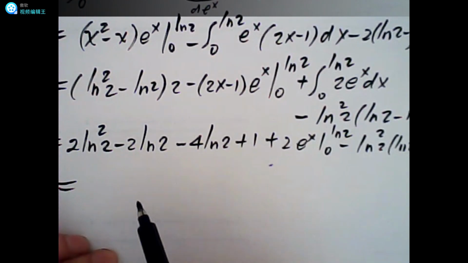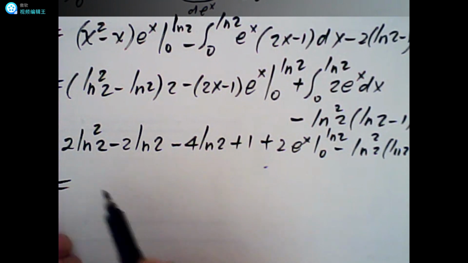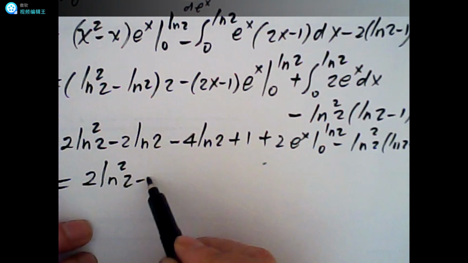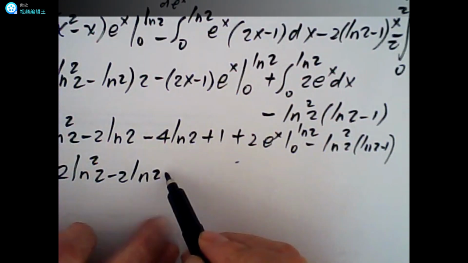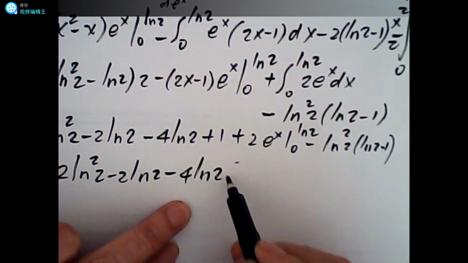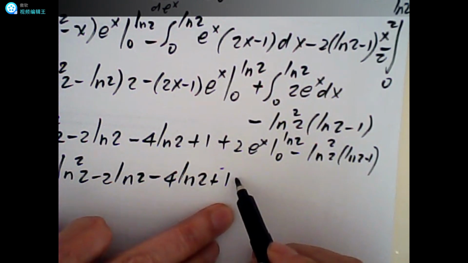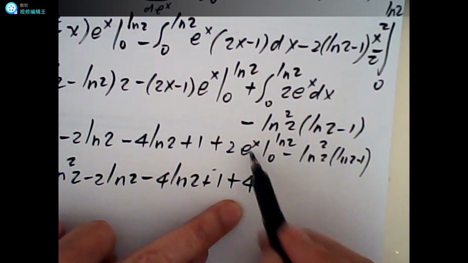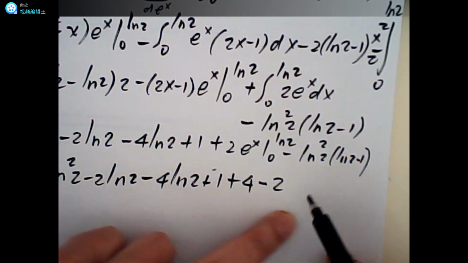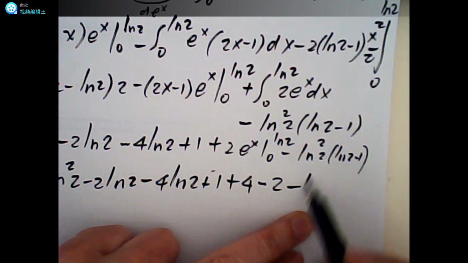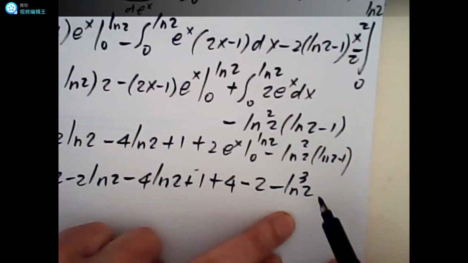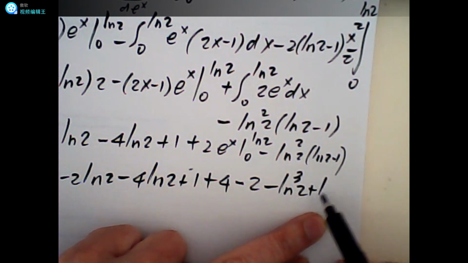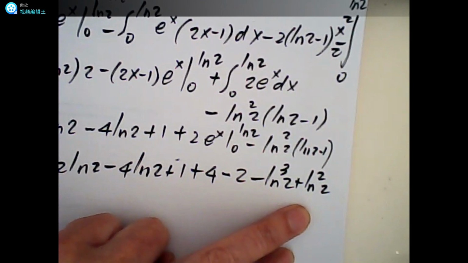Okay, this one is equal to 2 log square 2 minus 2 log 2 minus 4 log 2 plus 1. This is a 4, this is a 2. This will be log cube 2 plus log square 2.